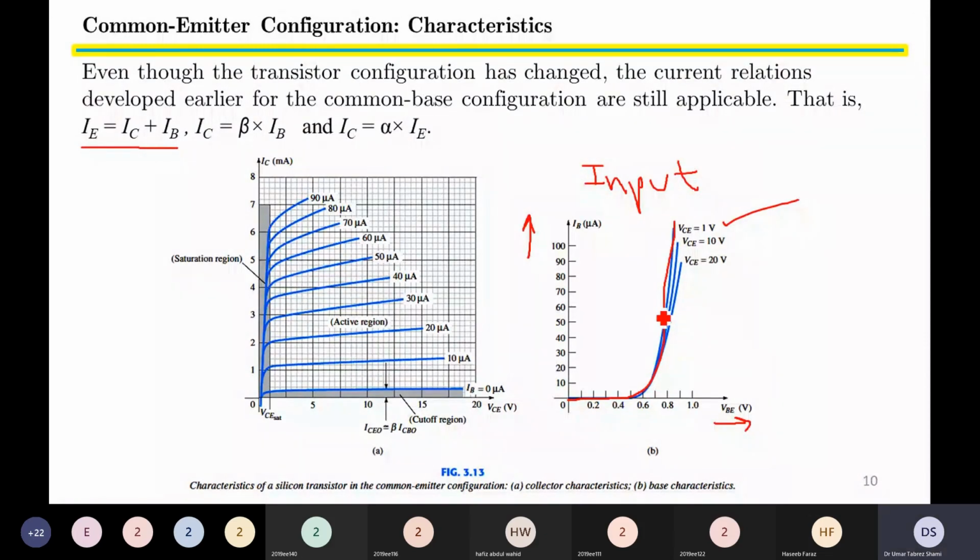The base current will have a separate set of characteristics, and as we change the collector emitter voltage, the base current will have a separate set of characteristics.